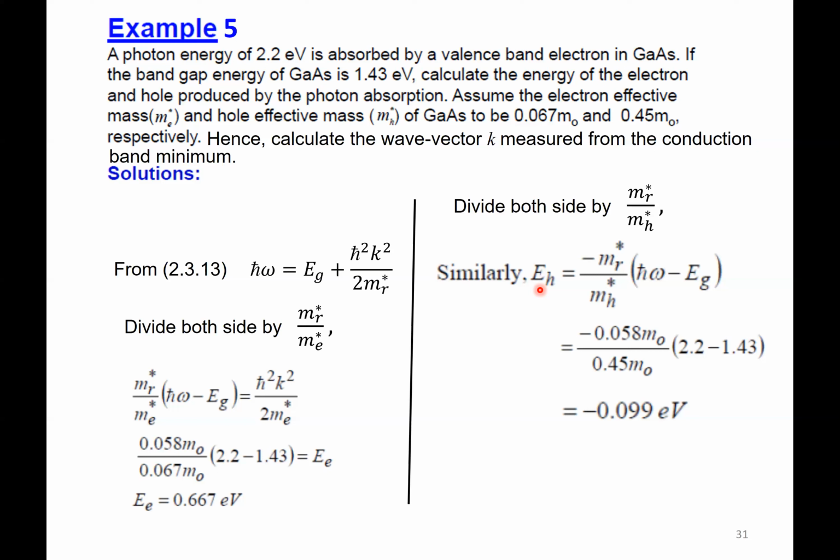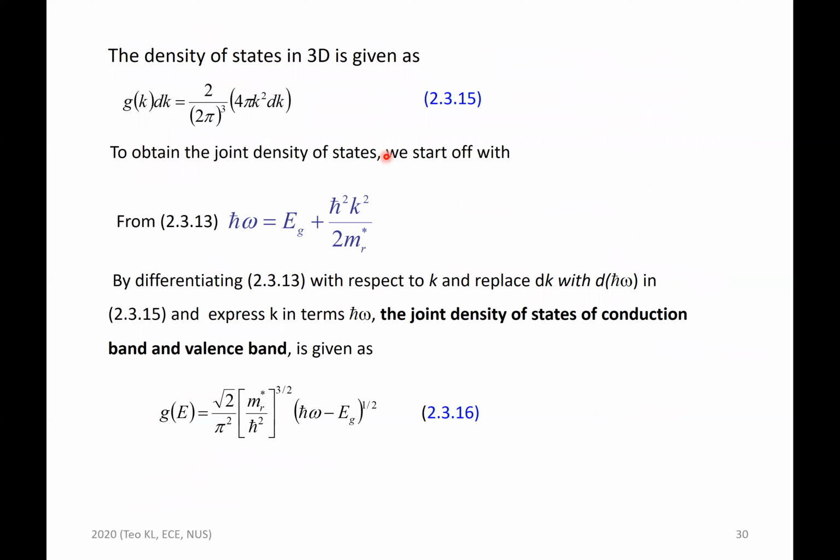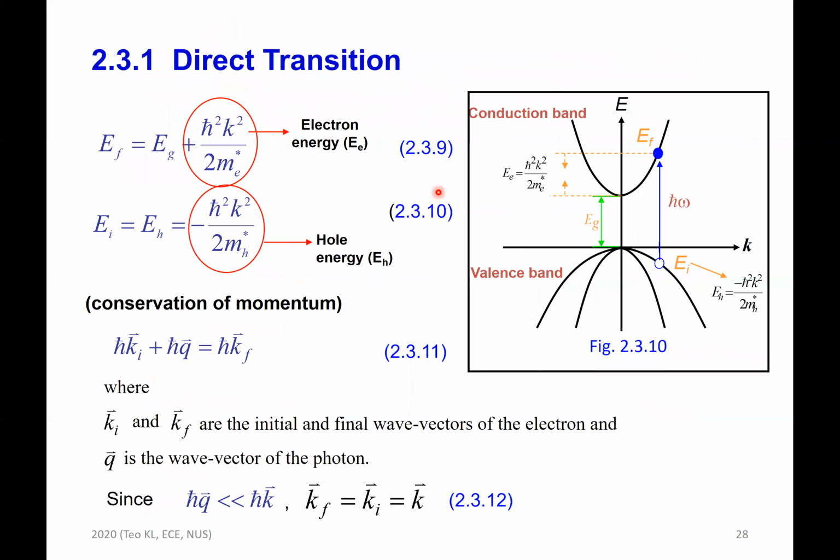in the valence band. How do we calculate the wave vector measured from the conduction band minimum? So refer to this diagram again. There's some value of K, where Ki equals Kf equals K. So the electron is at this value K, measured from the bottom of the conduction band.